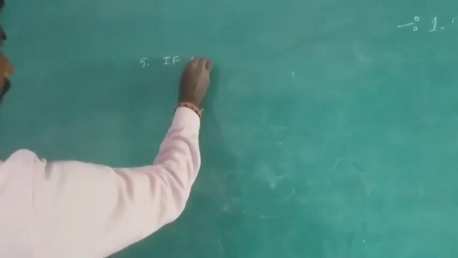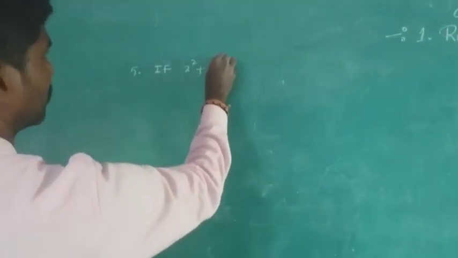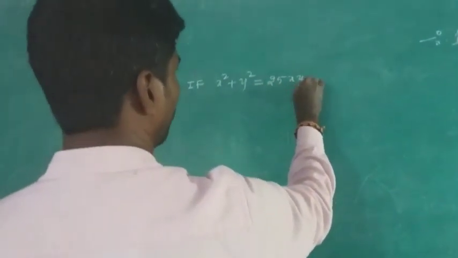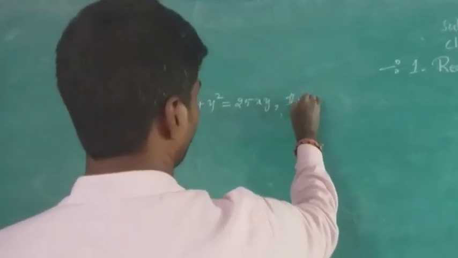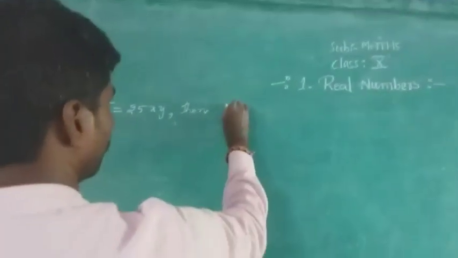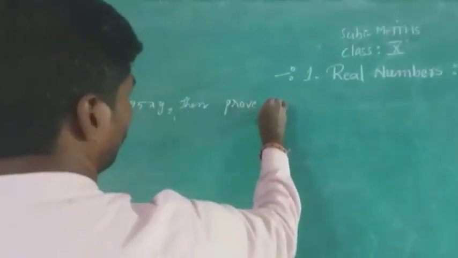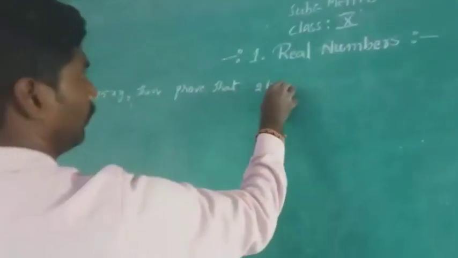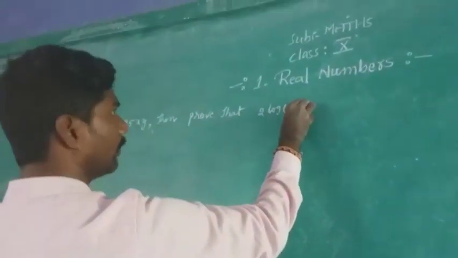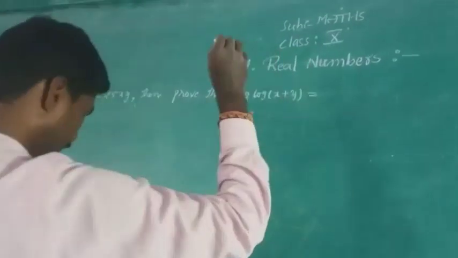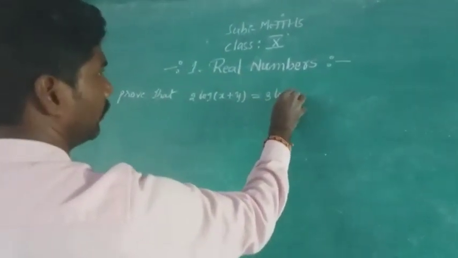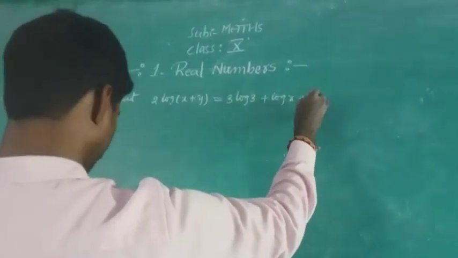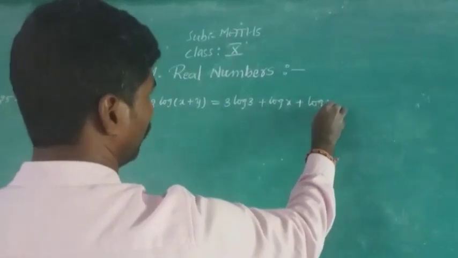If x square plus y square is equal to 25xy, then prove that 2 log of x plus y is equal to 3 log 3 plus log x plus log y.